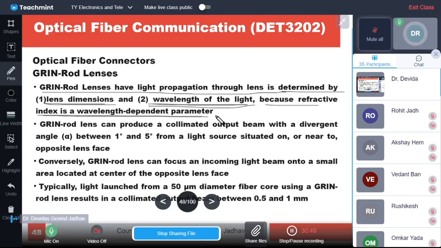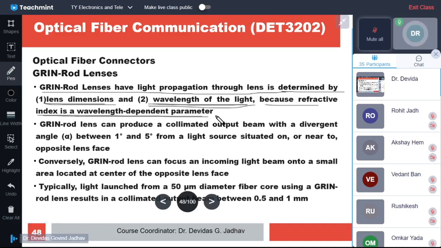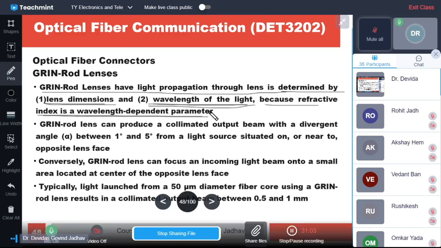The lens dimension may be 0.25 pitch, 0.23 pitch, 0.29 pitch or 0.50 pitch, 0.37 pitch, 0.40 pitch and so on. So it depends on the lens dimension. 0.25 pitch means its dimension is 25% of the total wavelength, and 0.50 pitch means its dimension will be 50% and so on.